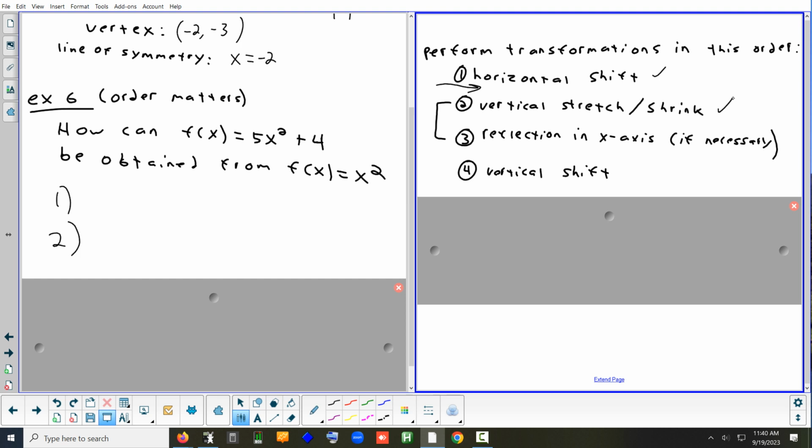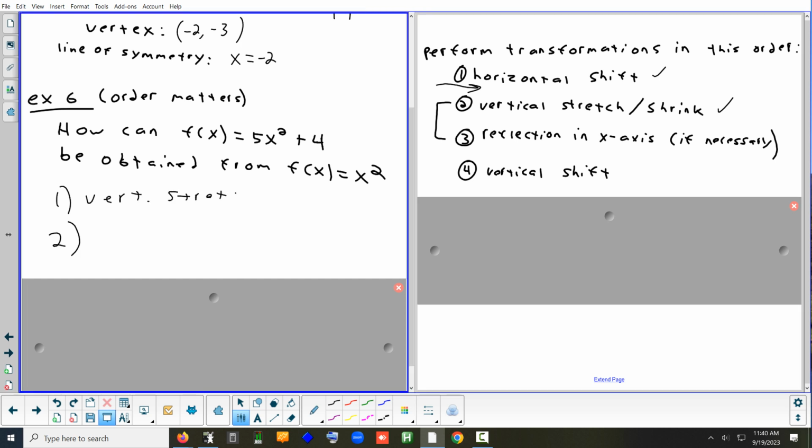And how do we write down how much of a stretch? By factor, yeah. 5 times as much. So vertical stretch by factor of 5. Right? Do we have any reflections?